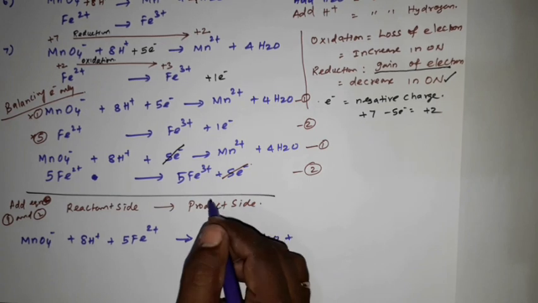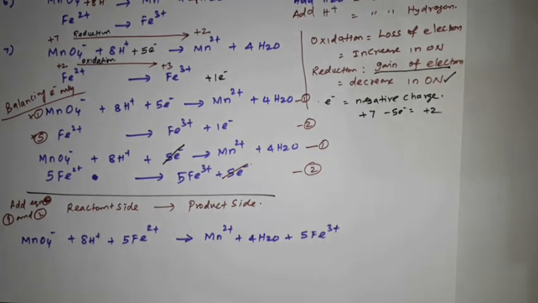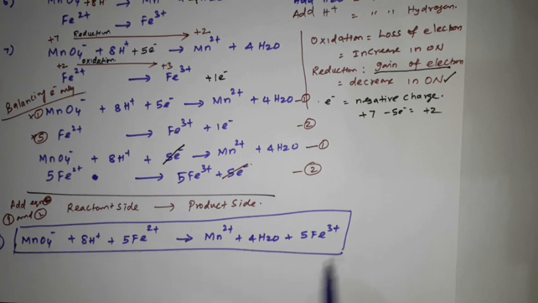Now come to equation 2 product side, 5Fe3 plus. So this is step 8. Check everything is balanced. Here you can check Mn, only one Mn, here 1 manganese, 4 oxygen, then 8 hydrogen, 5 Fe. So everything is balanced. So this is the final balanced equation by using the ion electron method.